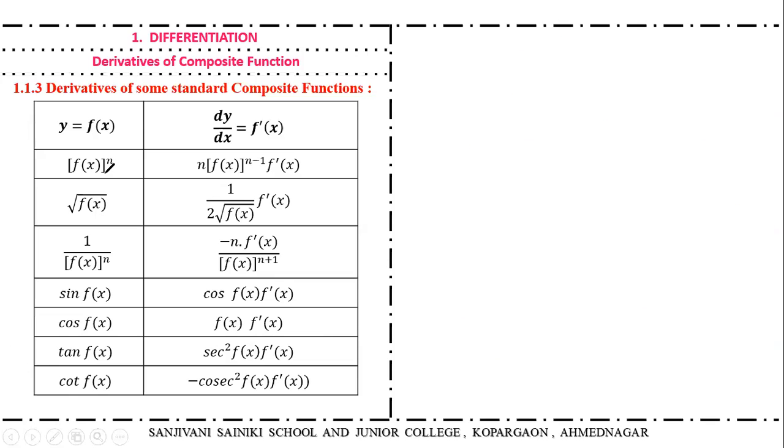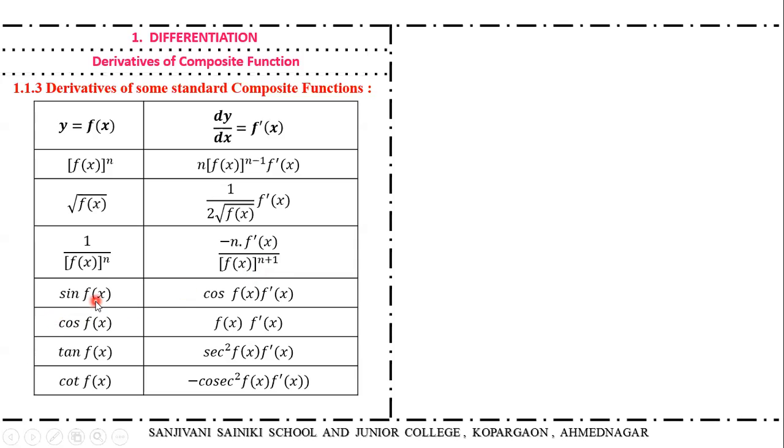Okay. So the derivative of f of x raised to n is n times f of x raised to n minus 1 into f dash of x. The derivative of root of f of x is 1 upon 2 root f of x into f dash of x. The derivative of 1 upon f of x raised to n is minus n times f dash of x upon f of x raised to n plus 1.